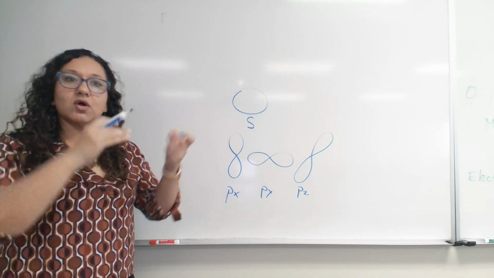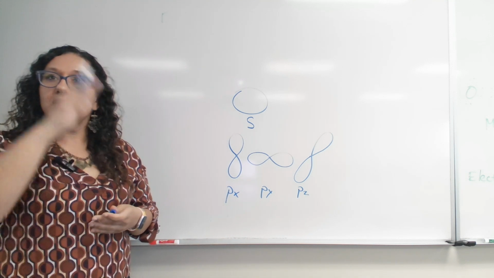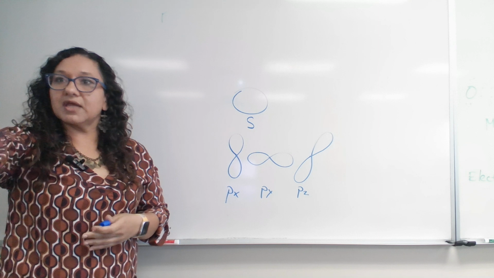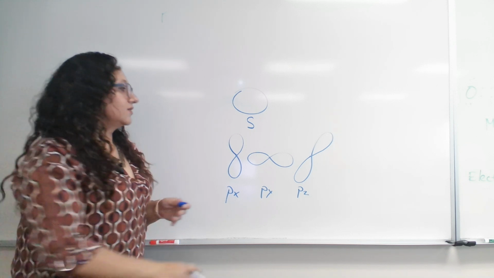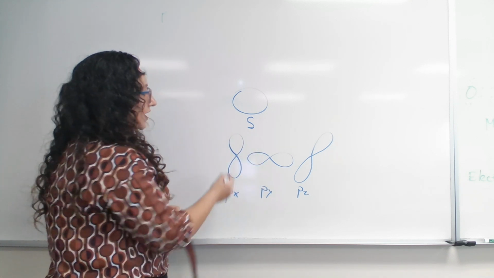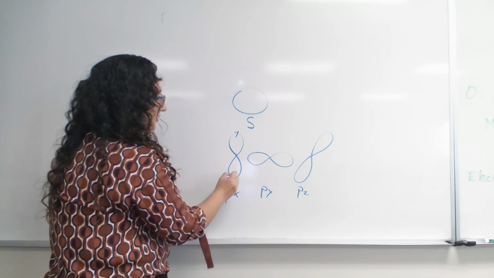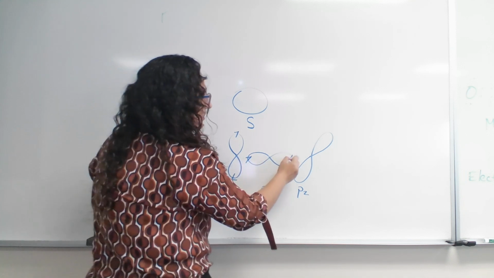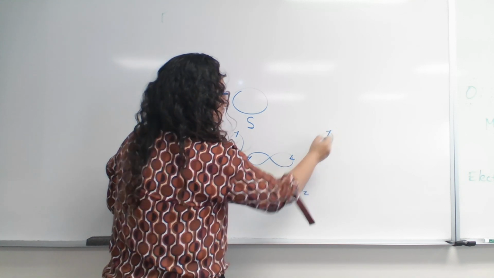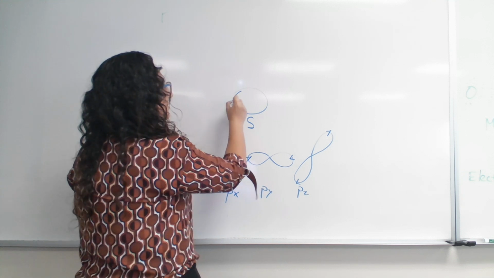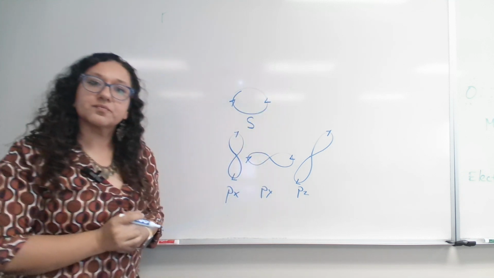And that's based on the orientation. Is it in the plane or coming out at you? And so what we mean by overlap is the electrons sit in these, we call them nodes. They sit in these nodes.